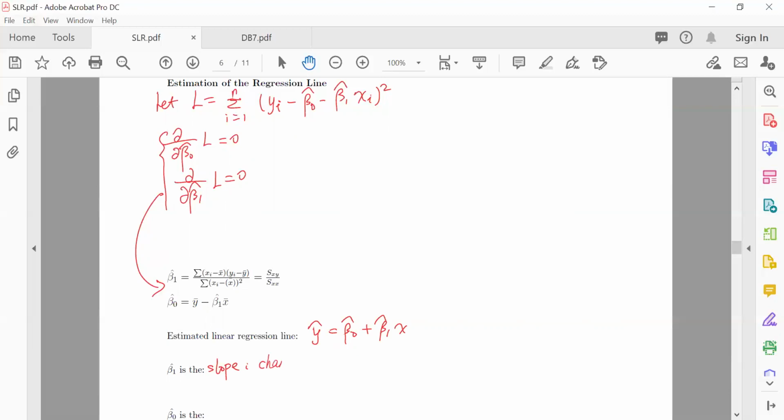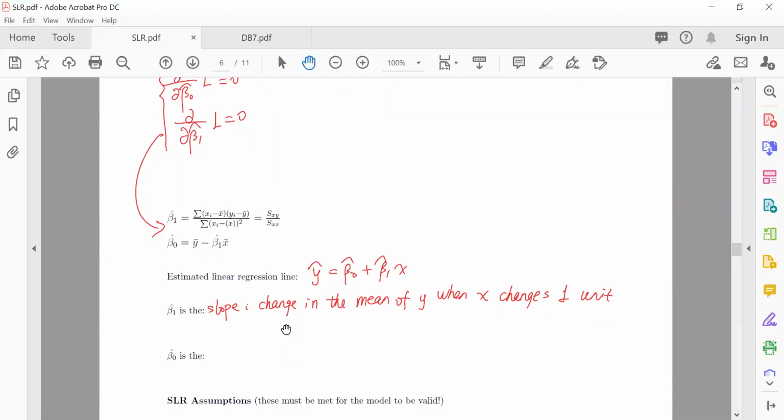So this is the change in the mean of y when x changes 1 unit. While beta 0 hat is the intercept. That is the mean of y when x equals 0.